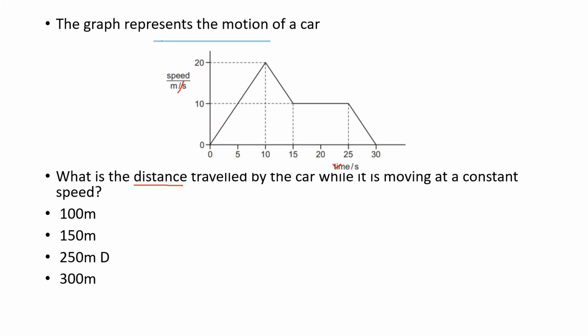But here in the question it is given that the car is moving at constant speed, and this is the region when the car is moving at constant speed. So we have to take the area, the area of this rectangle, this shaded portion.